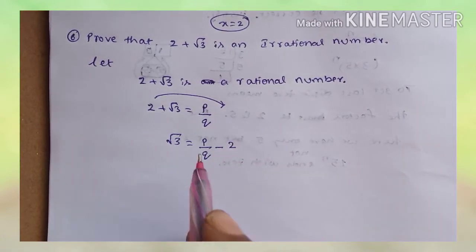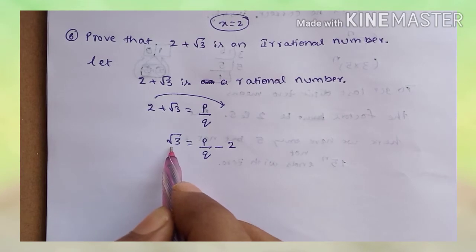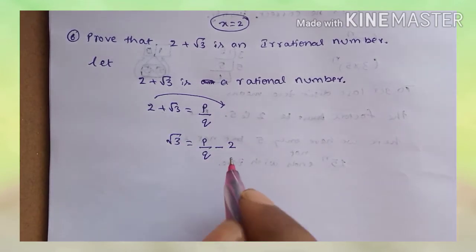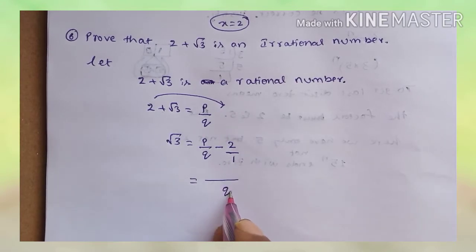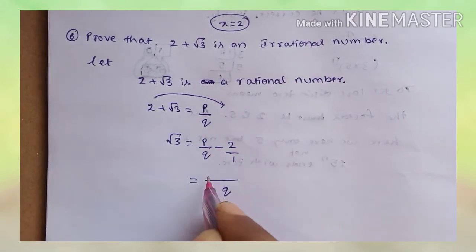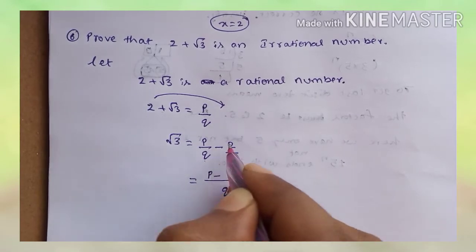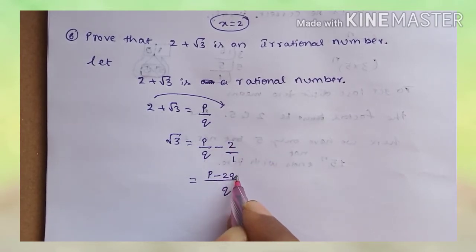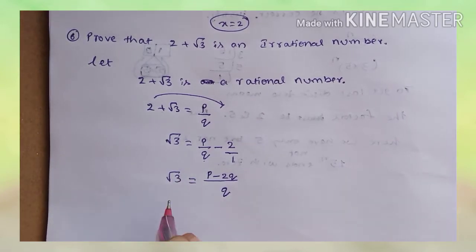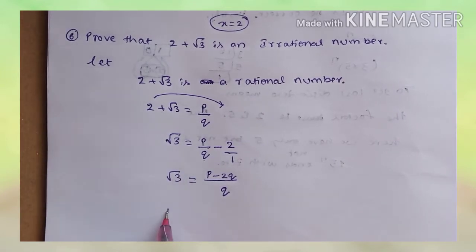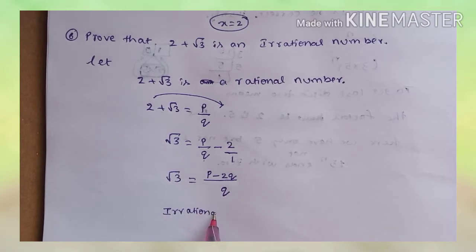Here we have all irrational numbers on one side, rational numbers on the other side. Now the denominator is 1. LCM of the terms is equal to q. 1 into p is equal to p and 2 into q is equal to 2q. Root 3 is equal to (p minus 2q) by q. On the left side we got root 3, where inside the root is not a perfect square number, so it is called what type of number?